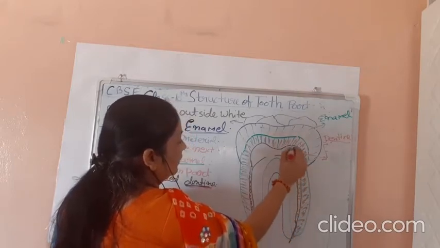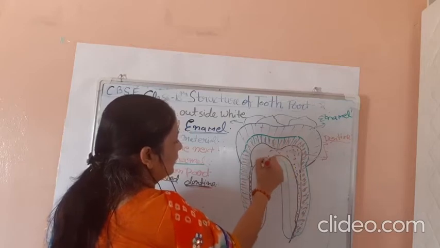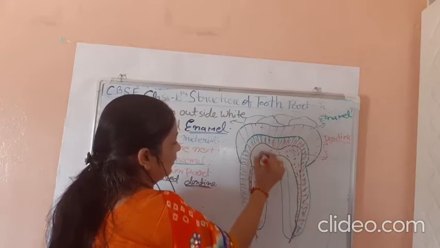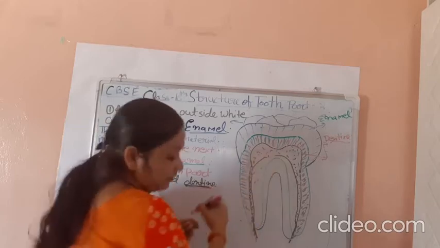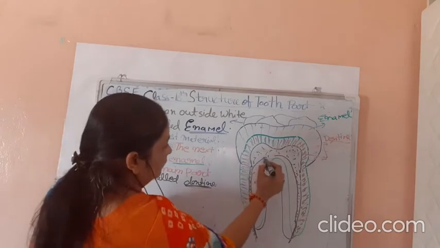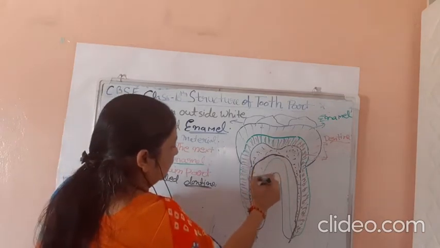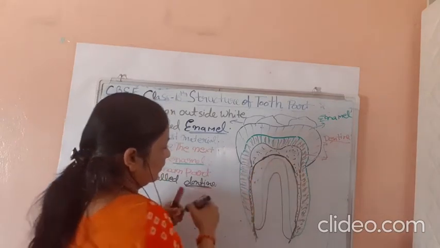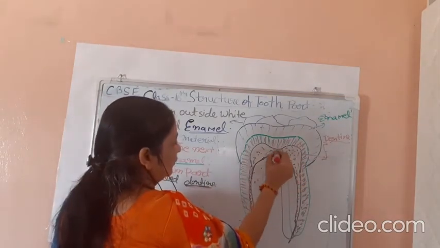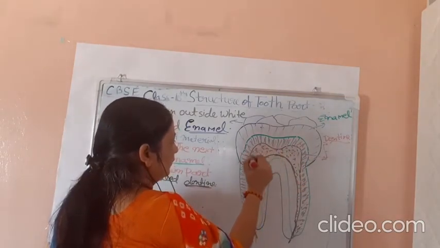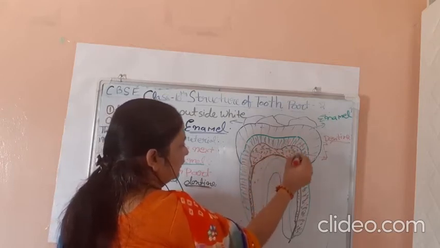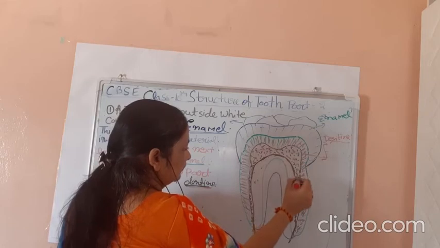The dotted portion you can see on your screen is the pulp of the tooth.